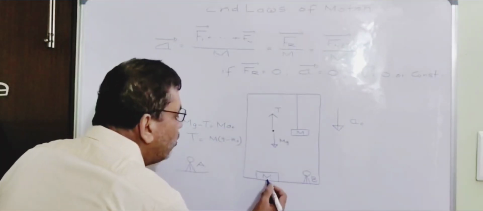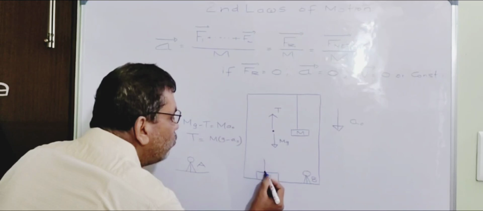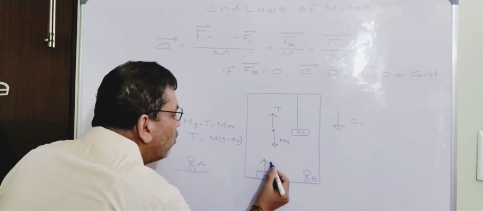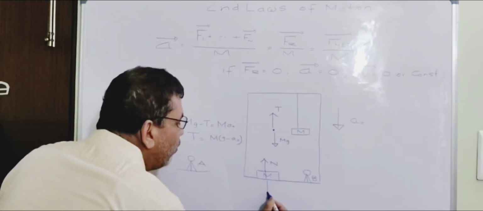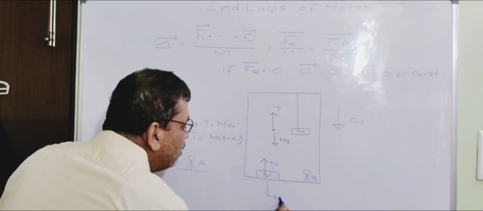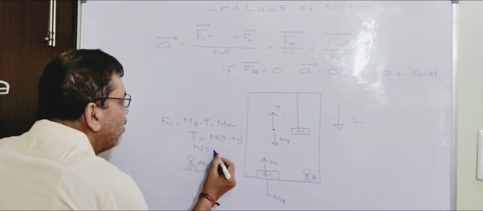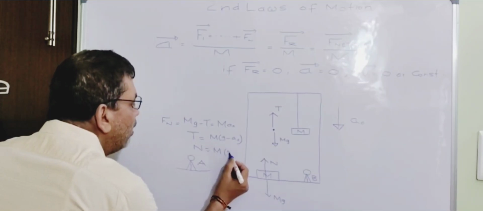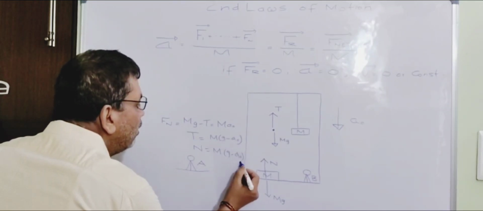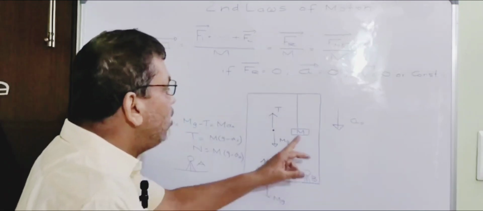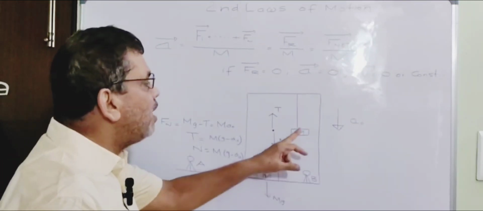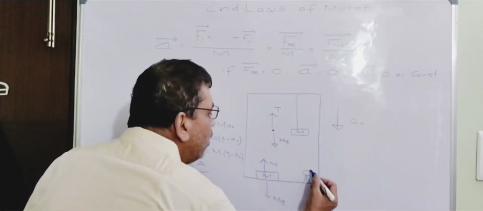In the same way, the floor will exert a normal reaction on the other block, and the weight mg will be acting downward. So the normal reaction can also be written as mg minus m a naught. But when man B sees this mass, he says it is at rest.